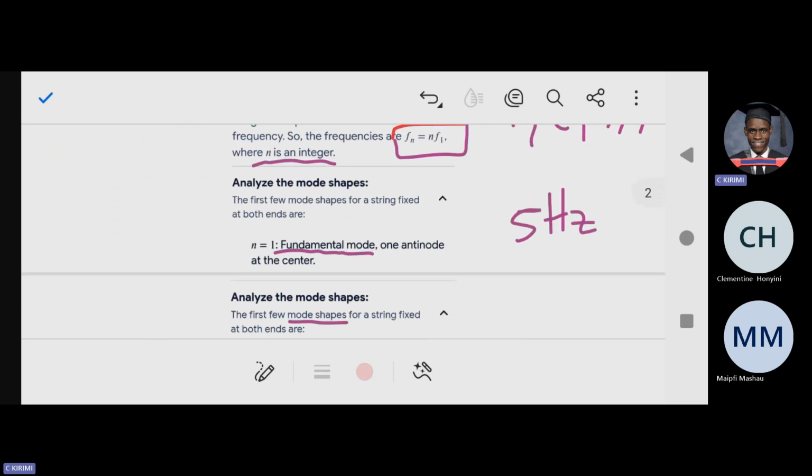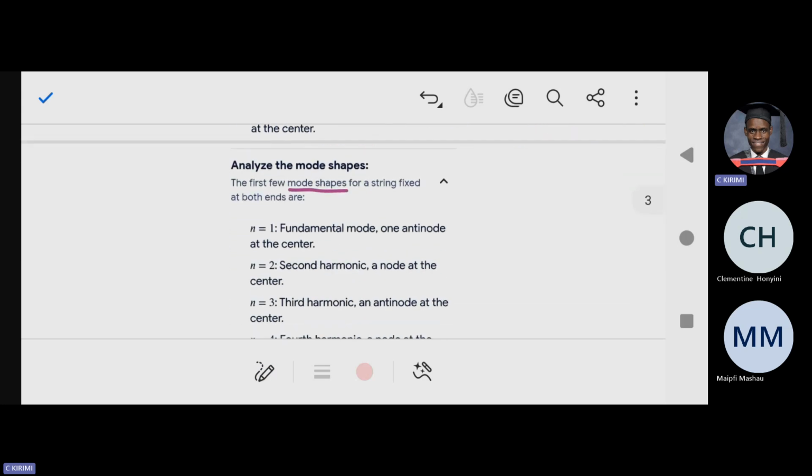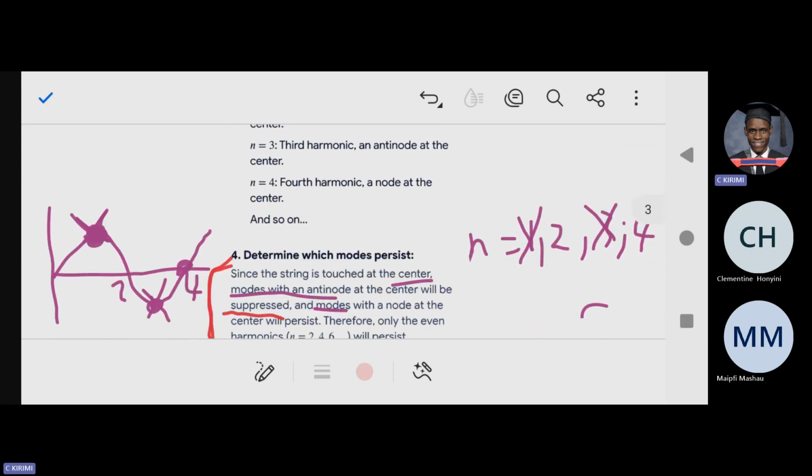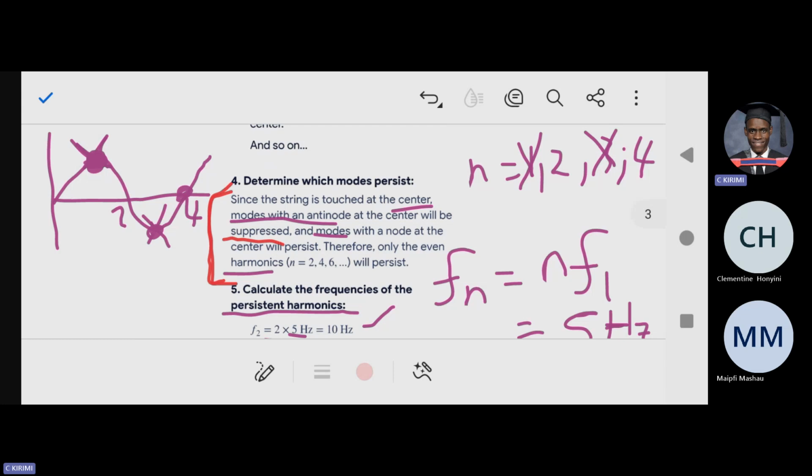Then we also want to know why you disregarded n equals 1 and n equals 3. Because of this statement, which says since the string is touched at the center, modes with an antinode at the center will be suppressed, and modes with a node at the center will persist. Therefore, only even harmonics, n equals 2, n equals 4, n equals 6, will persist.